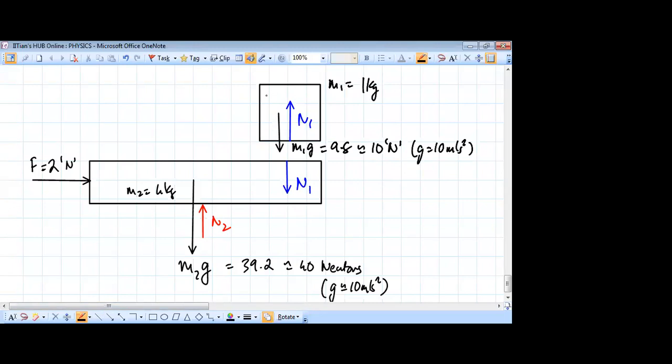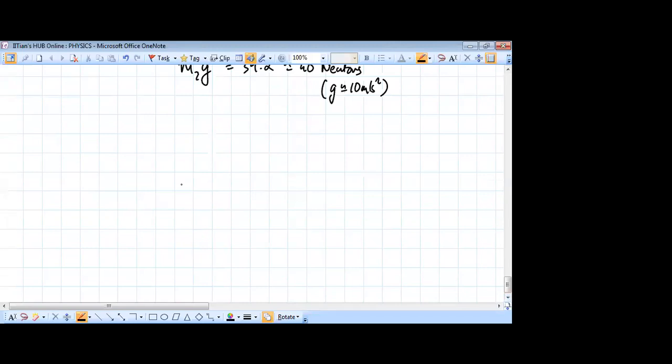Now notice on this block M1, there is no horizontal force. So what is happening on M1? There are only two forces acting on that block, on M1. Its weight and the normal reaction that this is applying. So its acceleration will be how much? 0.